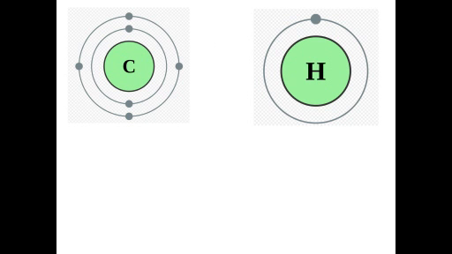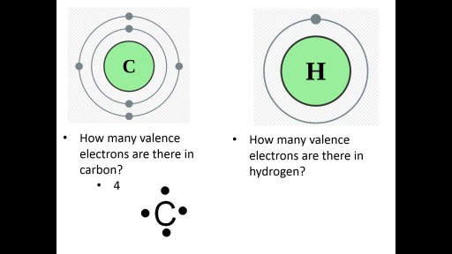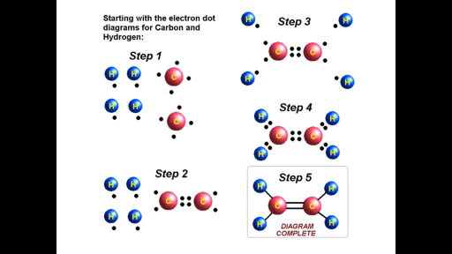So looking at carbon and hydrogen. Again, carbon, how many valence electrons? Well, you have 4. Hydrogen, 1. Well, let's look at the formation of what we call ethane. So ethane would be basically C2H4.